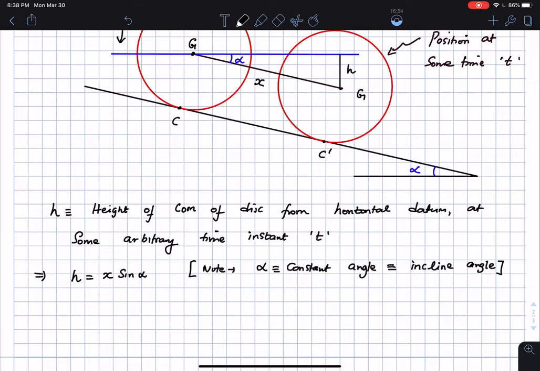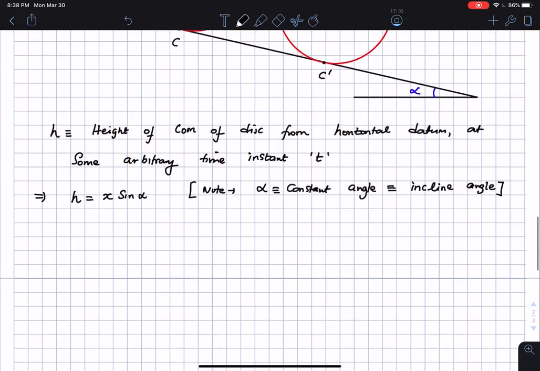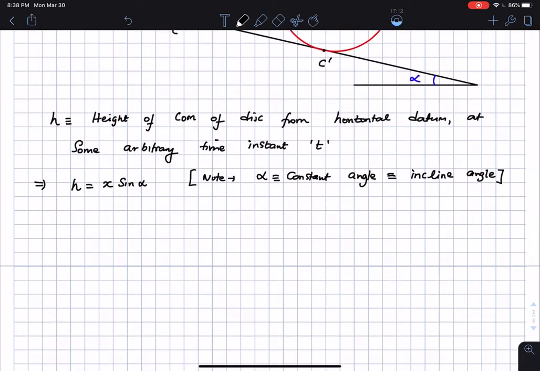Why do we need this height h? We need it because we have to find the potential energy of the disk at some point in time t. We need the kinetic energy of the disk as well. I'm not going to spend too much time on calculating the velocity of the center of mass, because we know that from before. The potential energy, capital V, is going to be minus mgh.